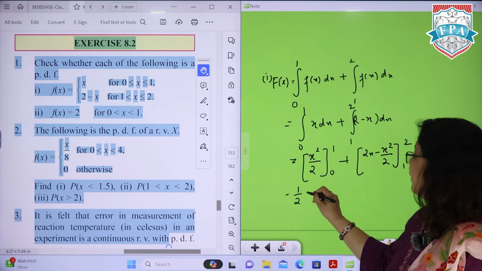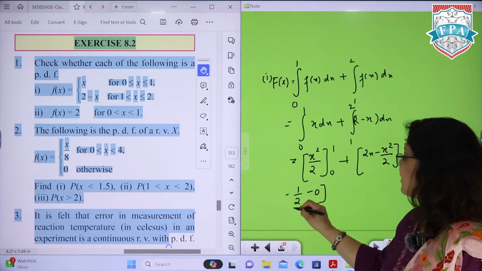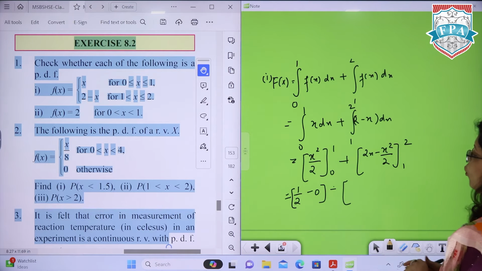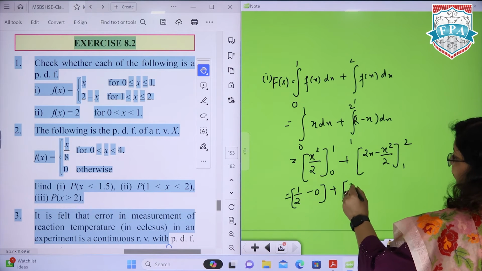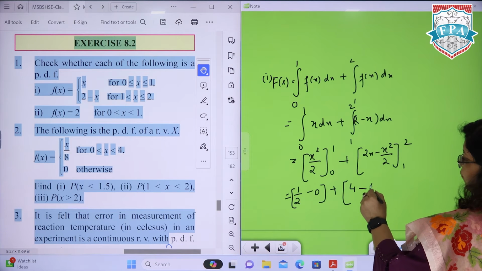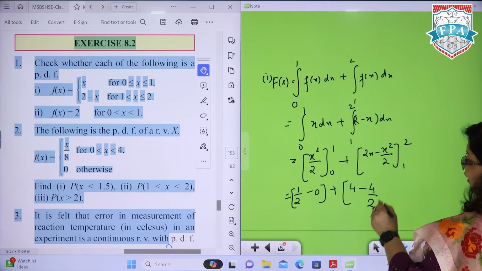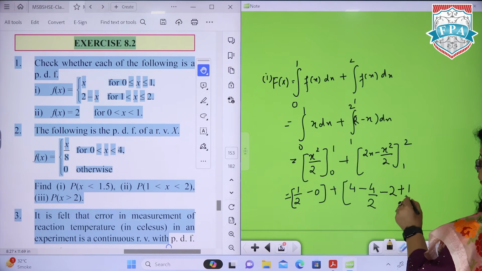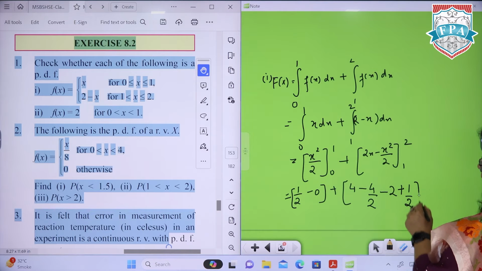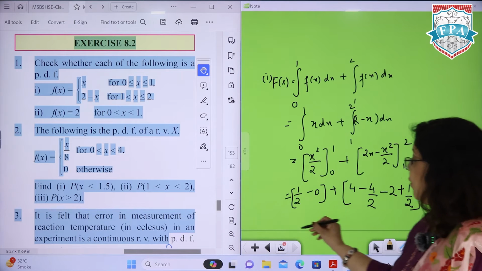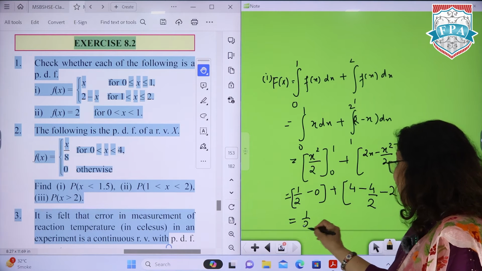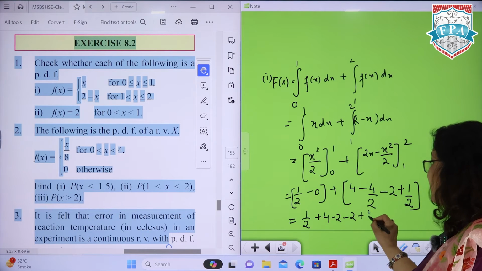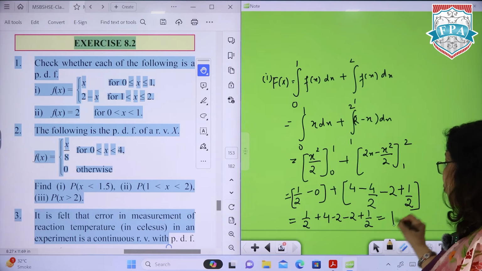For the second one, we put 2 into 2, which is 4, minus 4 by 2, then 1 which is 2, and then the sign will change to 1 which is 1 by 2. Solving this final part, it is half plus 4 minus 2 plus half, which is coming as 1.